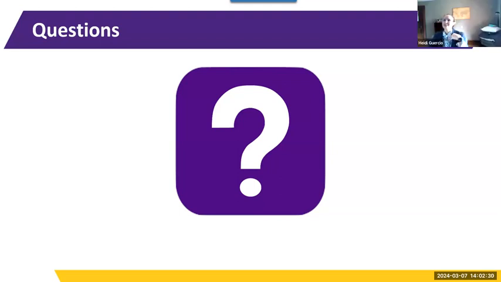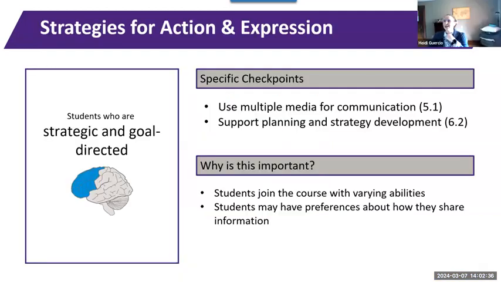Well, that does lead us into action and expression to some extent, but more on a strategic level, we'll talk a little bit about how students express themselves. Even just from your example, Frida, we know that students express themselves in various ways, and how we interact with physical or virtual environments is different.